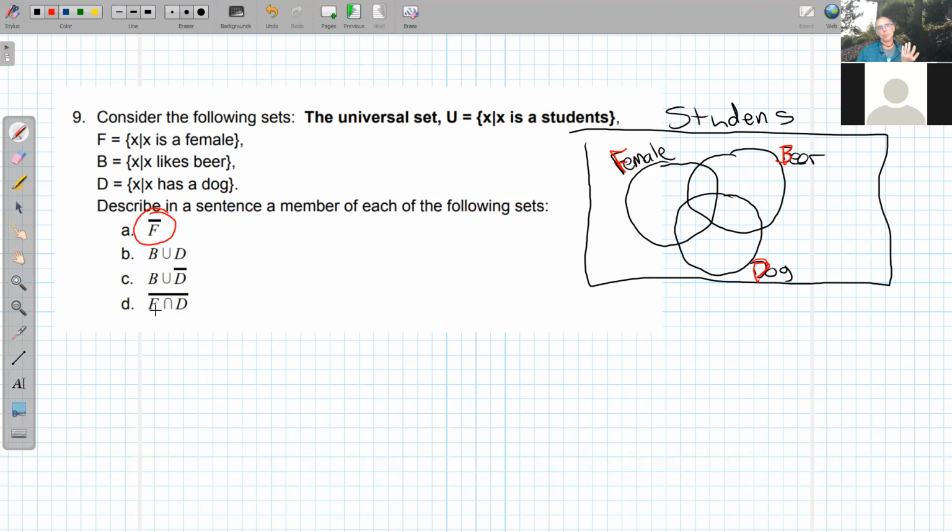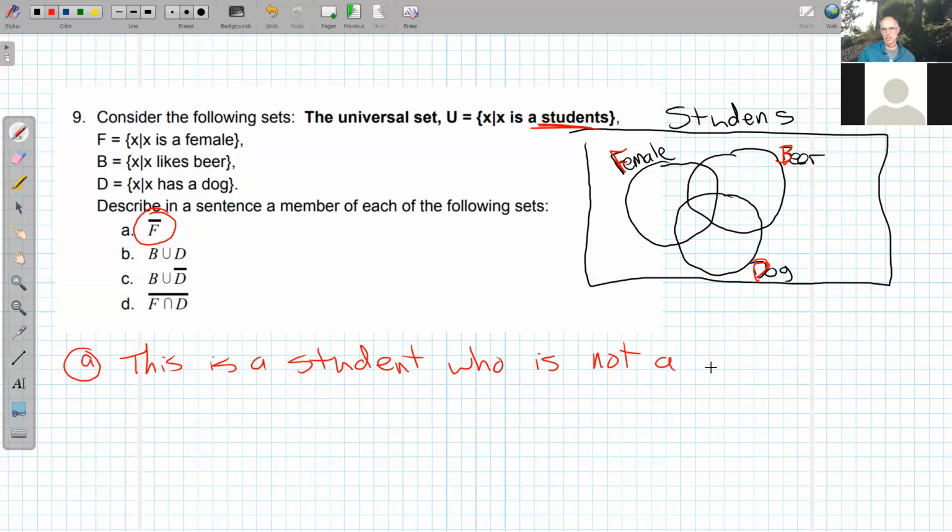Yes, the complement of F. So to write out a sentence for part A, it's a student, always a student here, that's not a female. So this is a student who is not a female. That would be my answer to that one.